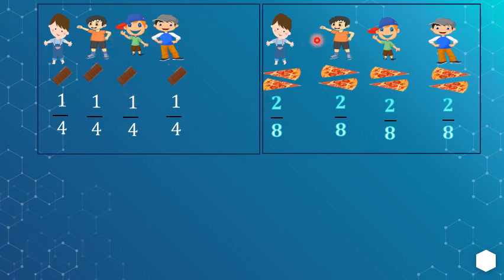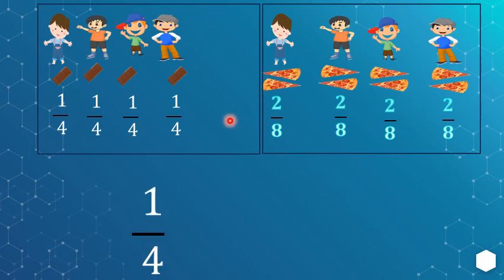And in the second example, out of 8 pieces of pizza, we have given 2 pieces of pizza to each child, and we have divided the 8 pieces of pizza among 4 children. Then the fraction is 2 by 8. The total number of pieces is 8 and each child gets 2 pieces, so the fraction is 2 by 8, meaning each child gets 2 by 8 pieces of pizza.